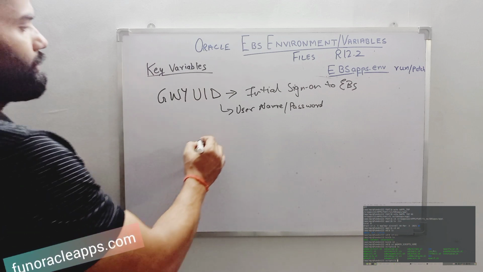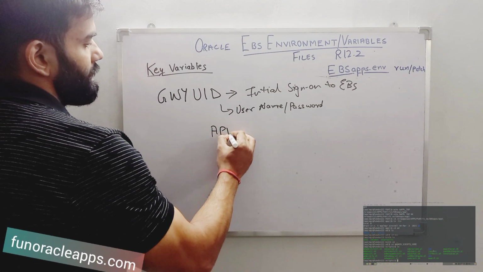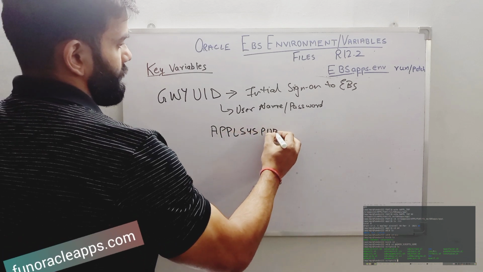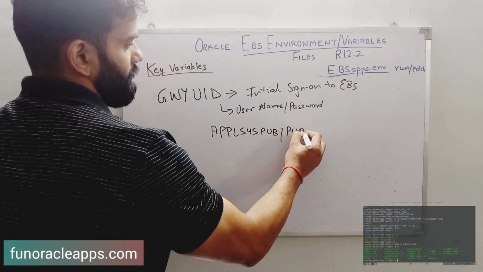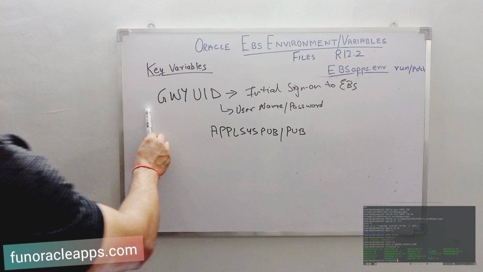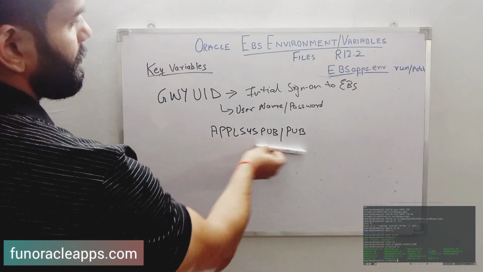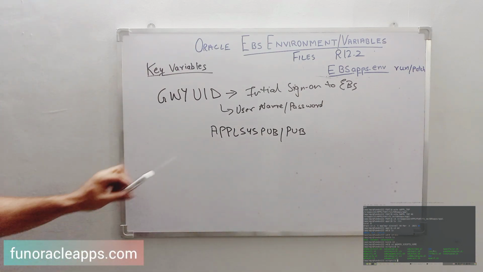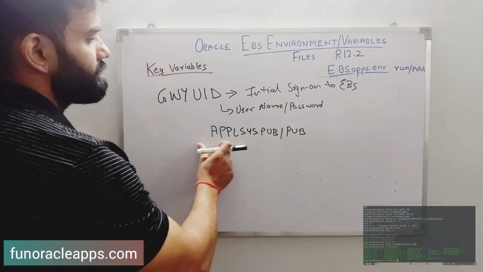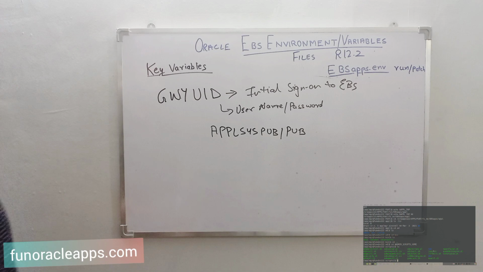By default, the value will always be APPLSYSPUB and the password PUB. Normally you shouldn't be changing this value. This is anyway publicly available, so there is not much security concern around it, and you can keep it as it is.